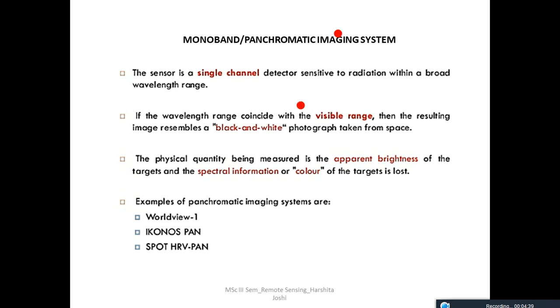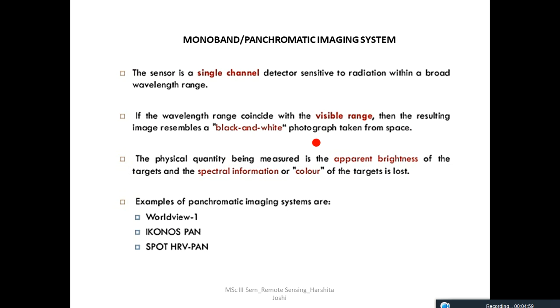If the wavelength range coincides with the visible range, then the resulting image resembles a black and white photograph, because white light, which has VIBGYOR, is the visible light. So what we see is black or white only. Black is denoted by 0 and white is denoted by 1.